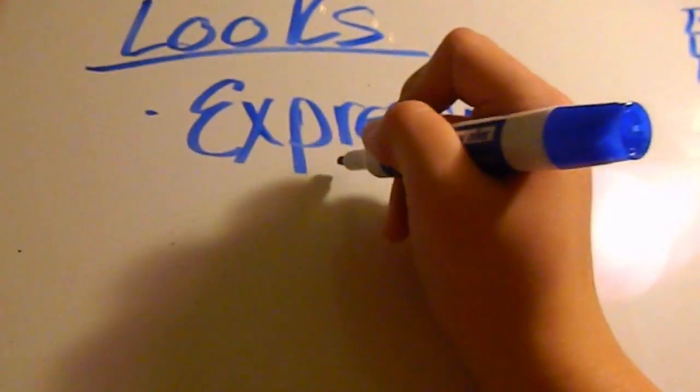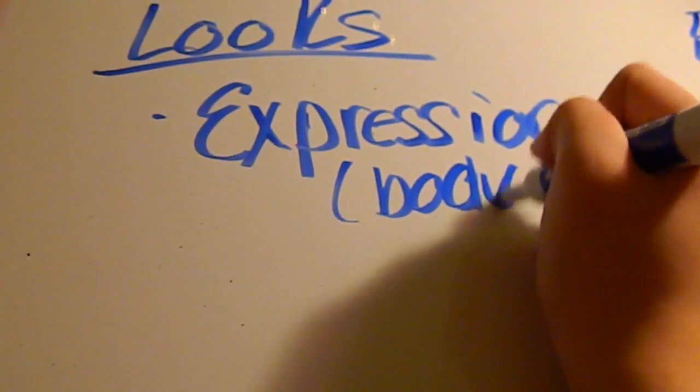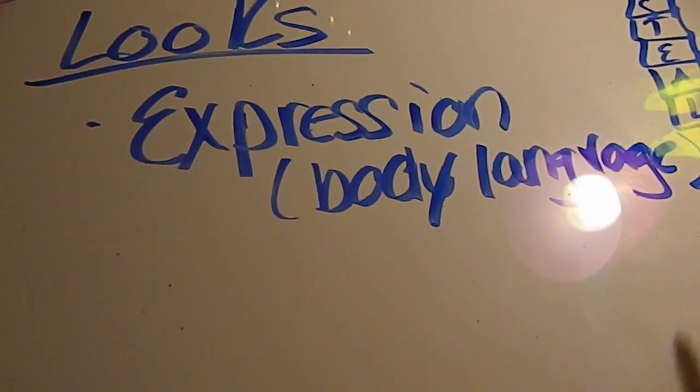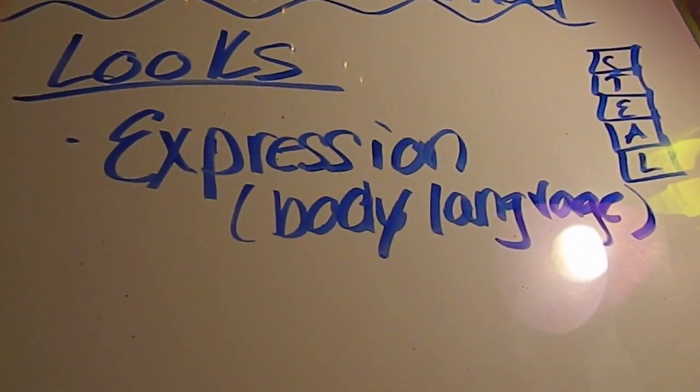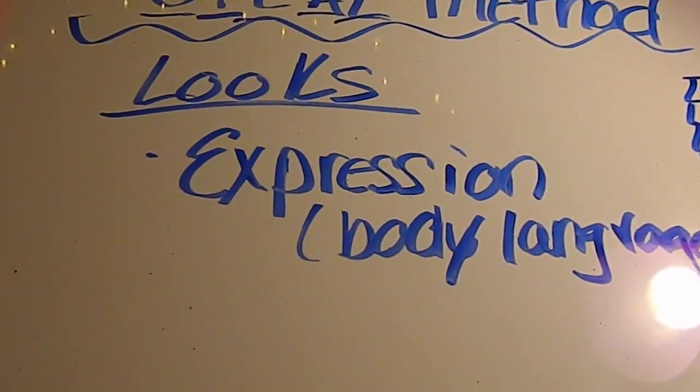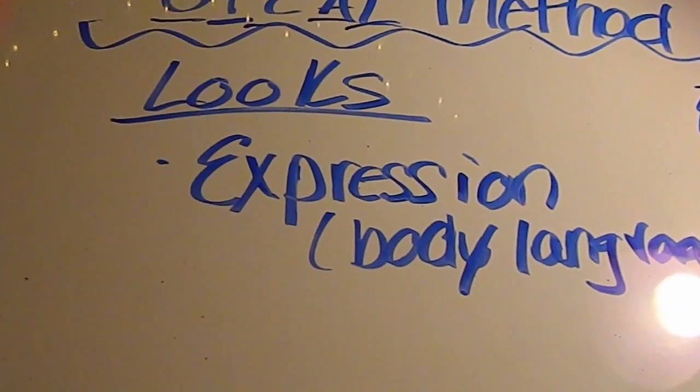The final letter in the STEAL method is L, which is looks. And the looks deal with expression, and this deals with body language. And we're not visually seeing these characters, but the author gives enough description so that you can get those reactions to certain actions.